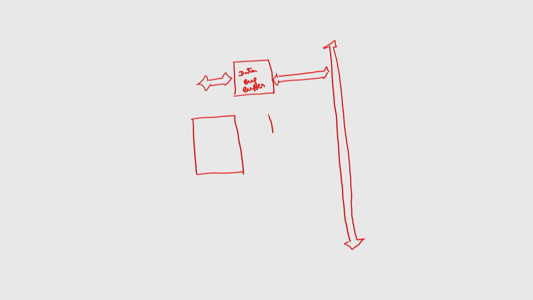This is the data bus buffer, then we have the read write control logic. There are two registers: one is the control word register, another is the status register.